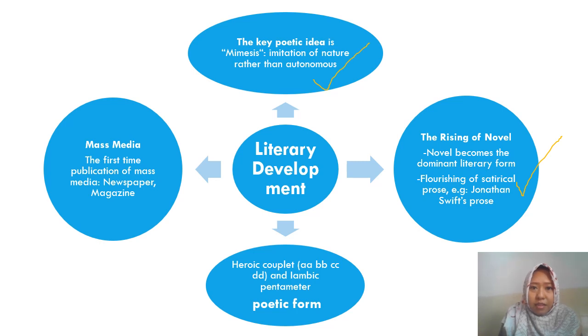The poem here is mimesis, imitation of nature rather than autonomous. The poetic form is used: the heroic couplet, A A B B C C D D, and iambic pentameter. It means that certain rules are still used in the poem. Mass media: the first publications of mass media, for example newspapers and magazines.